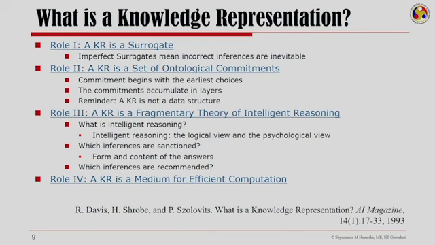The fourth role of knowledge representation is as a medium for efficient computation. And then they have listed the fifth and final role of knowledge representation as a medium of human expression. We will look at each of them one by one in the next couple of slides.